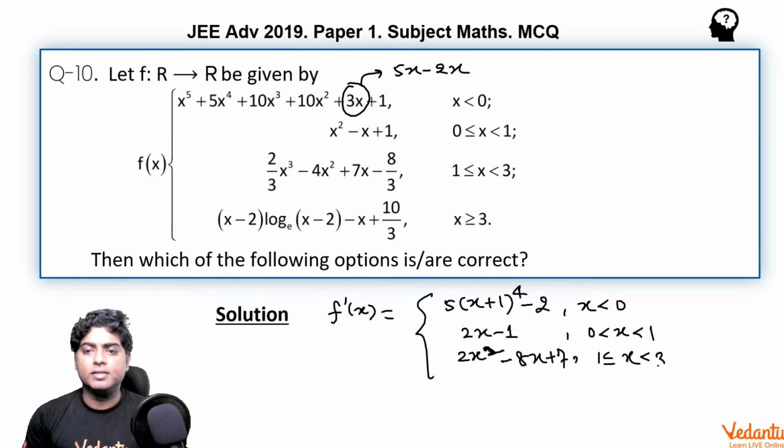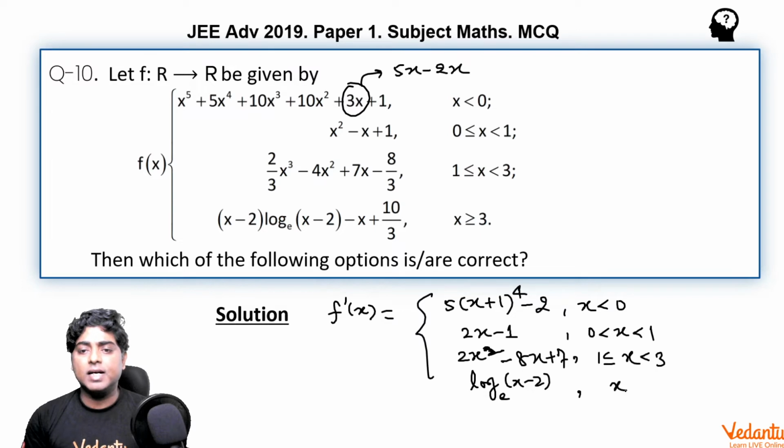So it's like this, and for x greater than or equal to 3, we need to differentiate x minus 2 ln of (x minus 2). So it would be x minus 2 into 1 by (x minus 2), which is 1, and minus x derivative is minus 1, which cancelled, and one more part will come as ln of (x minus 2) to the base e, the final derivative for the last part.